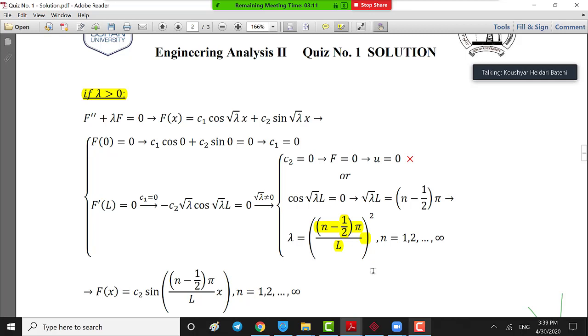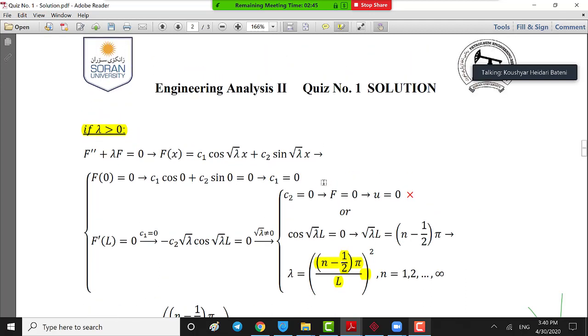Now, for L equal to 2, (2n minus 1) over 2 pi over 2, to the 2, is going to become equal to what? It is equal to (2n minus 1) over 4, and this is equal to (2n minus 1) over 4 times pi, all of it to the 2.